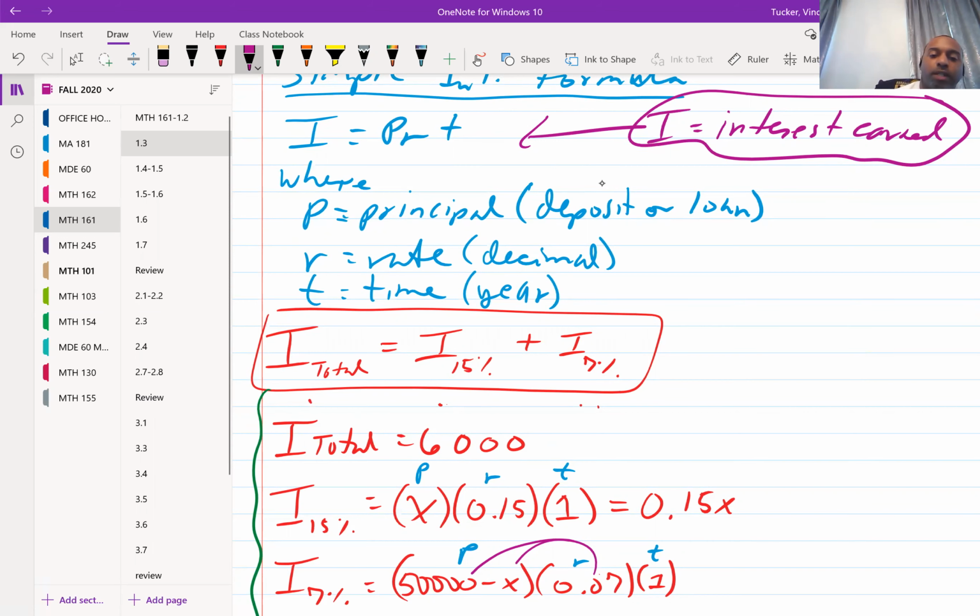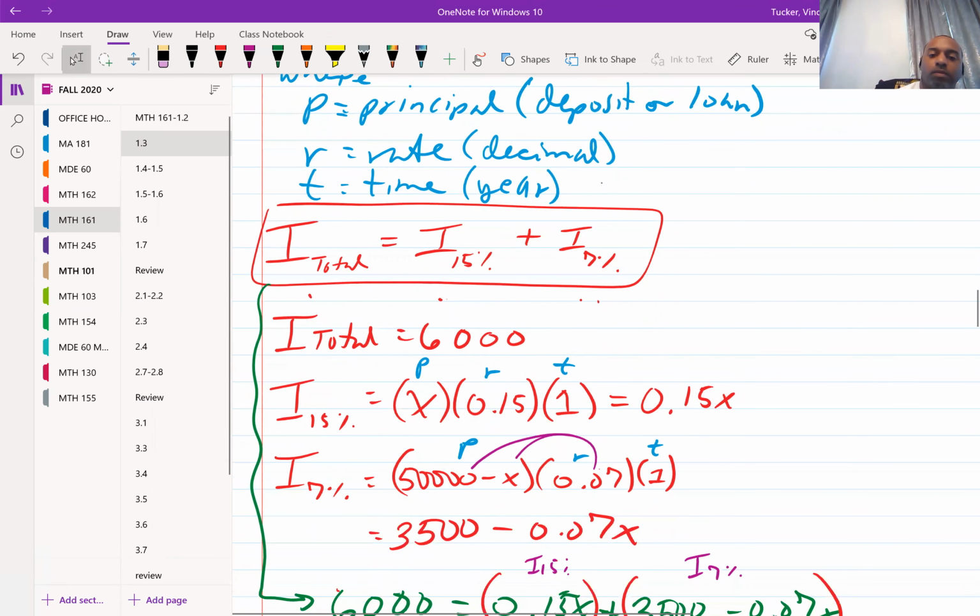Then the 7% account. The P there was 50,000 minus X. R is 0.07. And once again, T is 1. Multiplying those three together, to simplify, go ahead and distribute that 0.07. And that gives us 3,500 minus 0.07x.